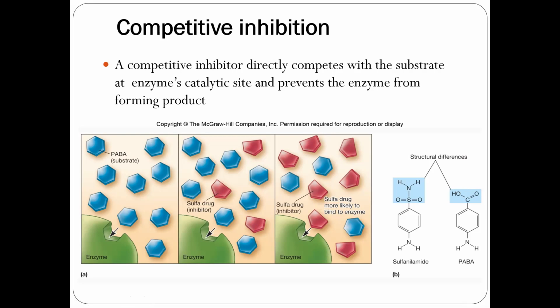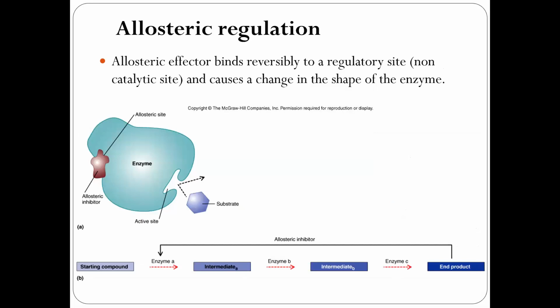Now, with competitive inhibition, always remember it means the morphology of the substrate and the morphology of the inhibitor are very similar, so they compete to grab the place where the biochemical reaction happens. But most of the time, there is another way. Some inhibitors are not really competitive.